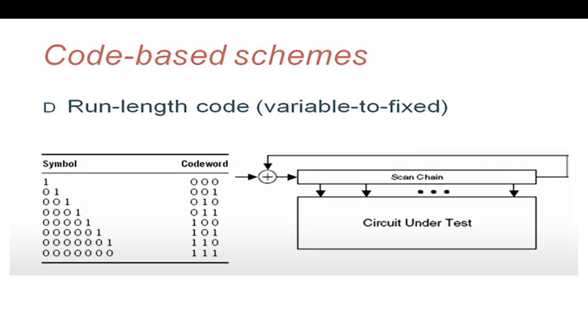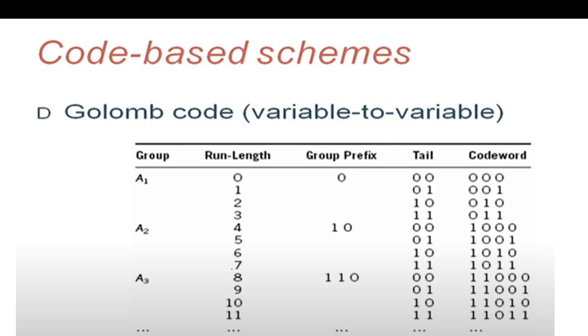Next are the code based schemes, where we have run length code and variable code. So we consider the symbol to be 1 in this pattern, and we apply it through this XOR and then apply it to the circuit under test. And we code this using a code word. This is of variable length and this is of fixed length, so variable to fixed.